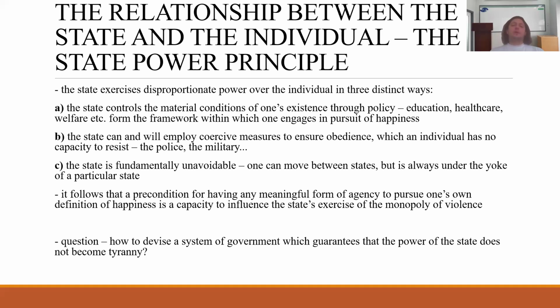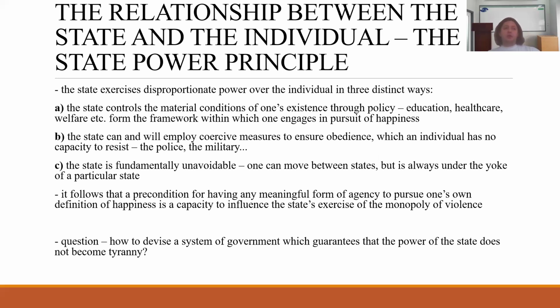What follows from all of this, and this is the conclusion of the state power principle, is that the precondition for you to have any meaningful form of agency in how to pursue your definition of happiness is that you need to have a capacity to influence how the state exercises this disproportionate power over you. Because the power is always going to be disproportionate.